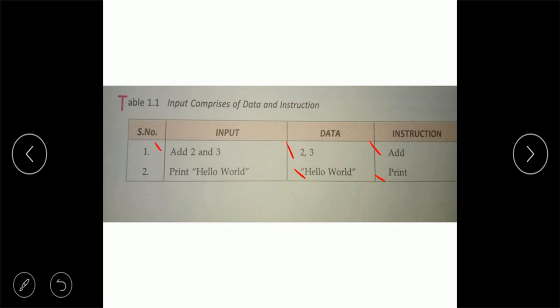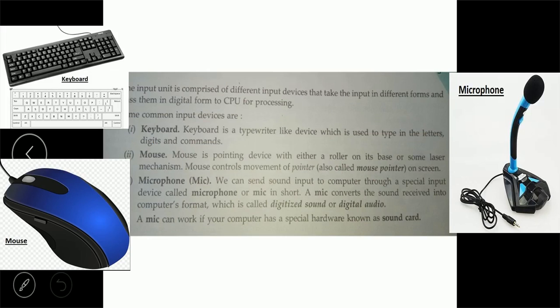Now I think you have understood the first unit, that is input unit. Let us proceed further. Here more details about the input unit are given, like some common input devices that we generally use in our daily life: keyboard, mouse, and microphone.